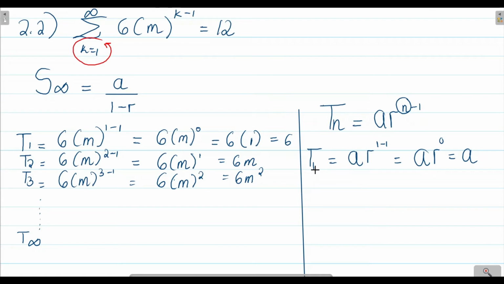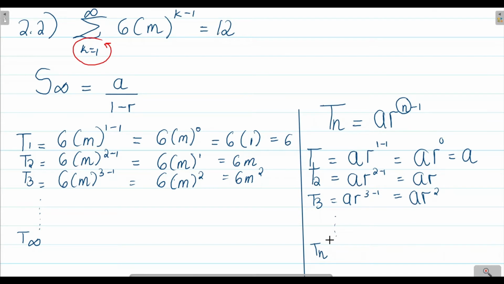To get T2, you substitute 2 in the space of n, so it's a times r to the power of 2 minus 1, so it's a times r. To get T3, where you've got n, you put 3 minus 1, which is a times r to the power of 2, and you go all the way up until Tn.